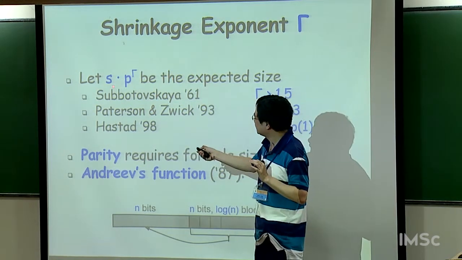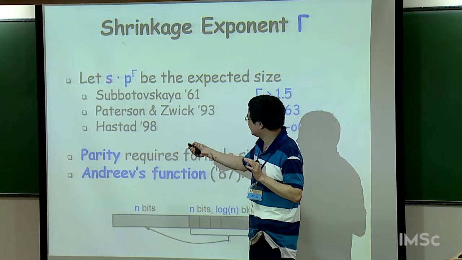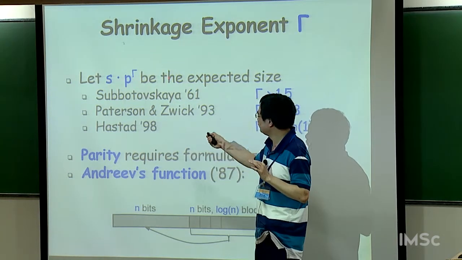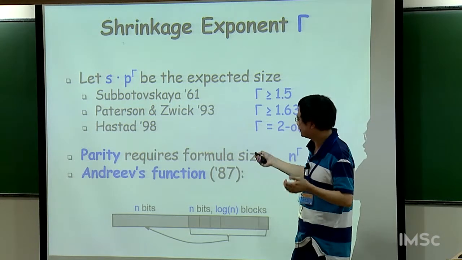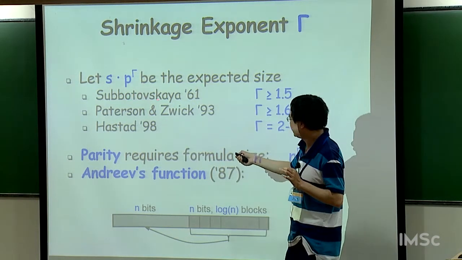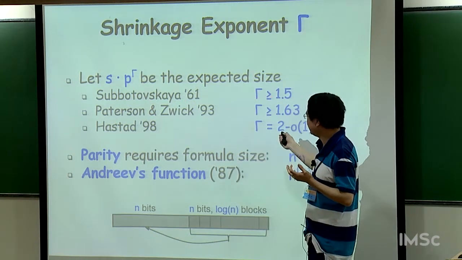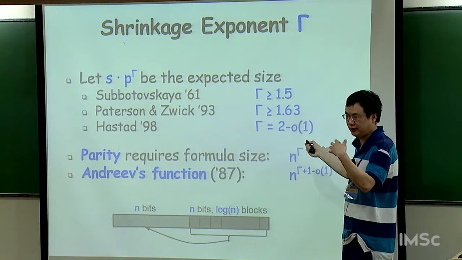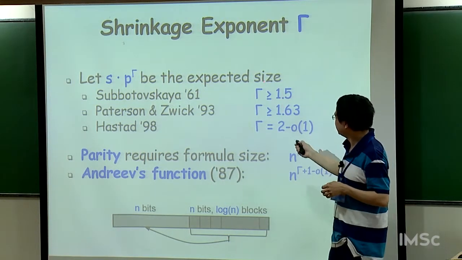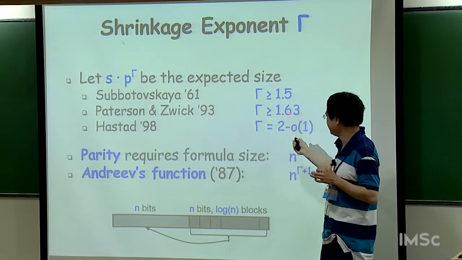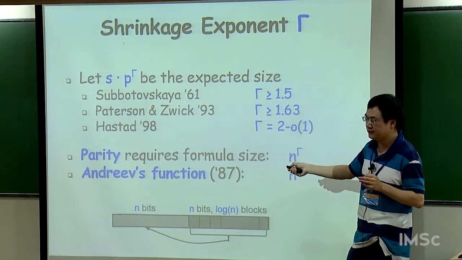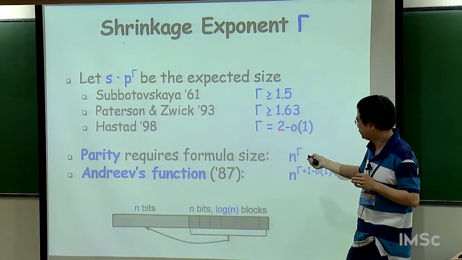Let s times p to the gamma be the expected size after the restriction. What Subbotovskaya showed was that gamma is at least 1.5, as we have seen. This gamma was later improved by Paterson and Zwick to 1.63, and later Hastad proved the optimal result to be 2.